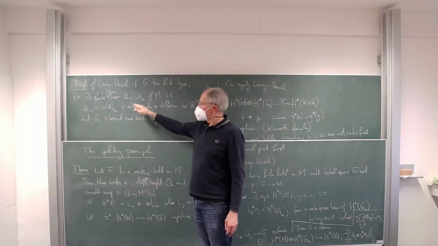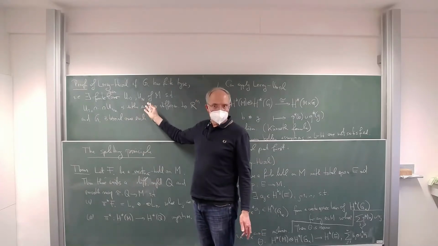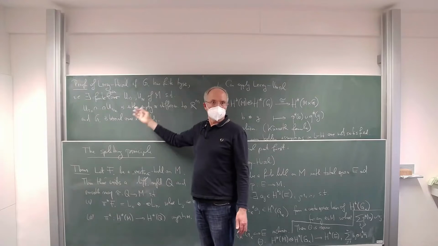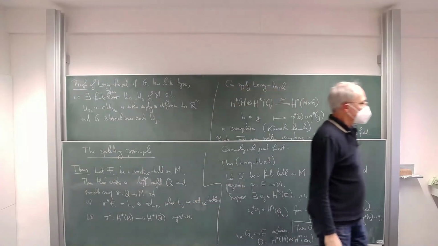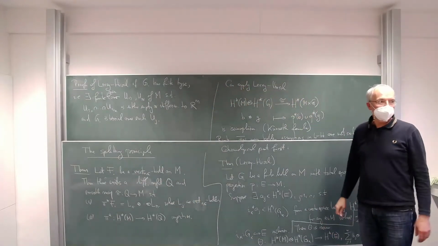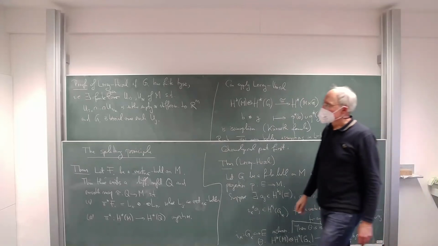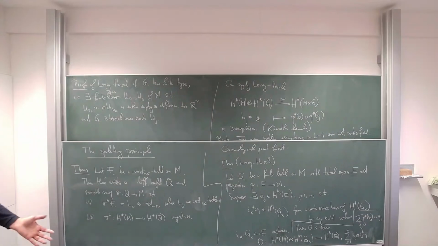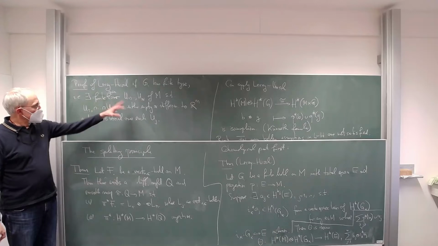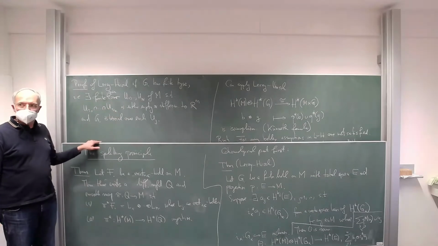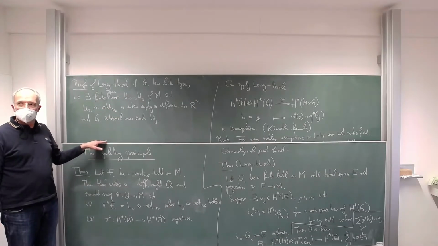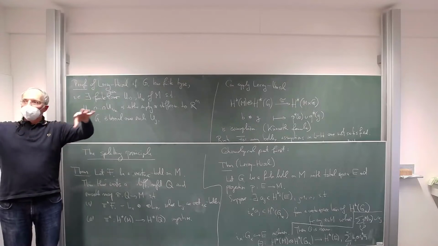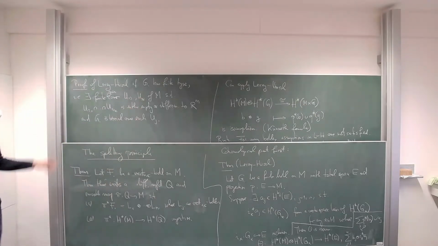In the compact case, of course, you always can, you just take some good cover and then take a finite subcover. So in the compact case, this is certainly satisfied if the manifold M is compact. In many non-compact cases, it's also okay, for example, in Rn itself. But in general, that's not always the case, like the example that I mentioned earlier with this surface of infinite genus, then this will not work.